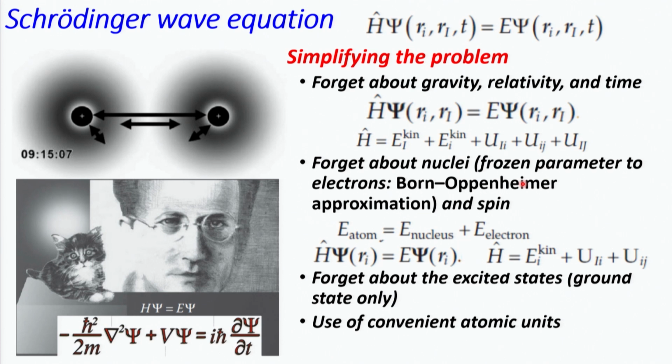So essentially the total energy of the atom is the energy of the nucleus plus the electrons. Now we are not treating the nucleus, we are taking only the electronic part.